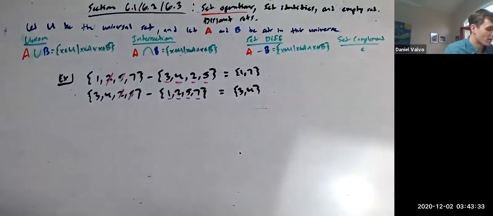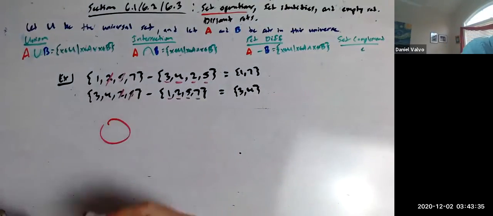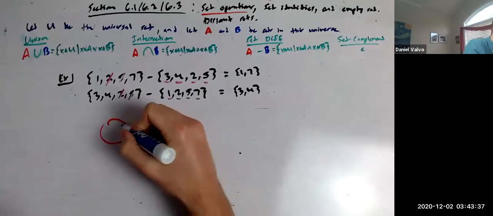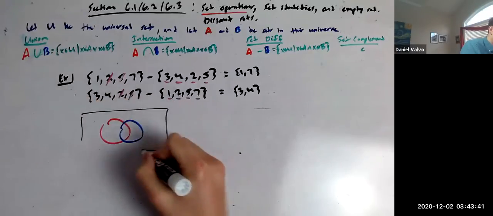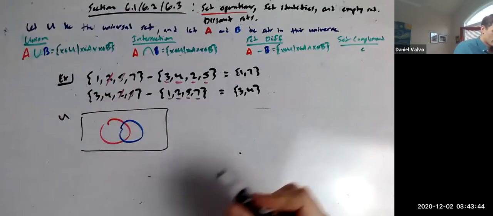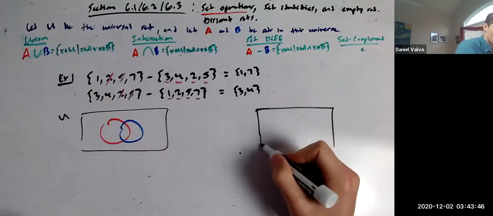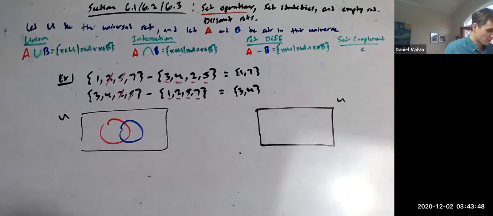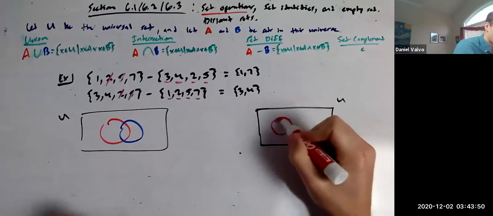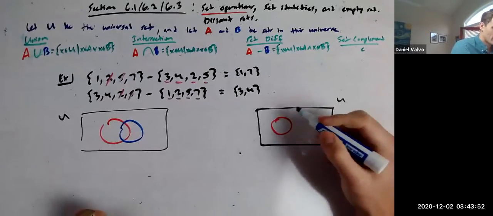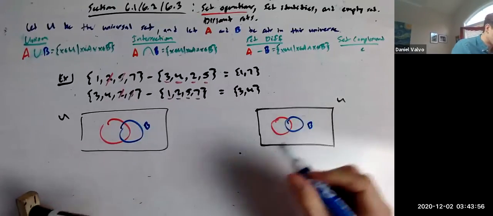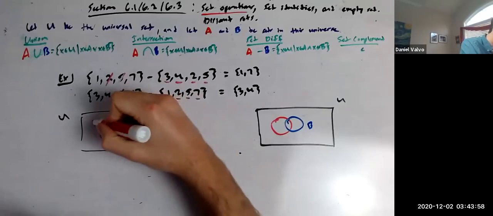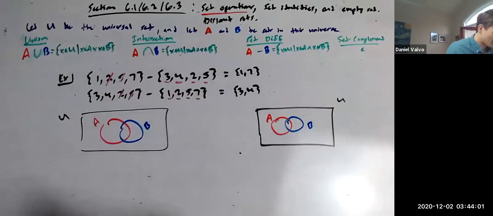If we were to draw our Venn diagrams, we have A and B inside U. Blue is always B, red's always A, consistent.